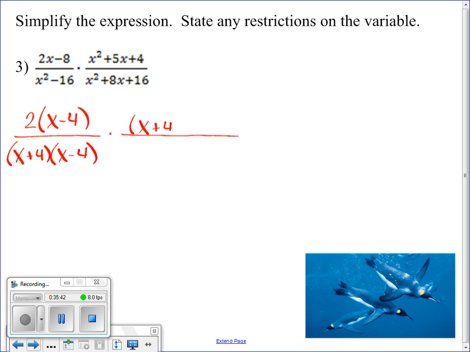X plus 4 and x plus 1. That's what you meant, right? It's okay. And the bottom? Good. X plus 4 and x plus 4.